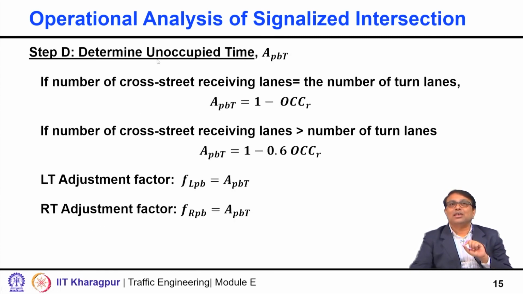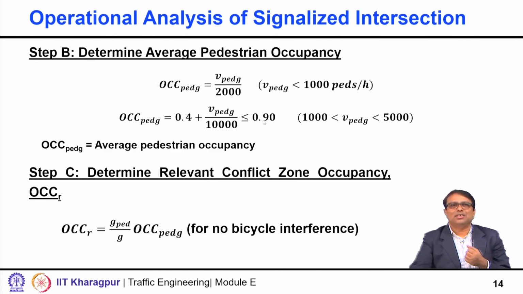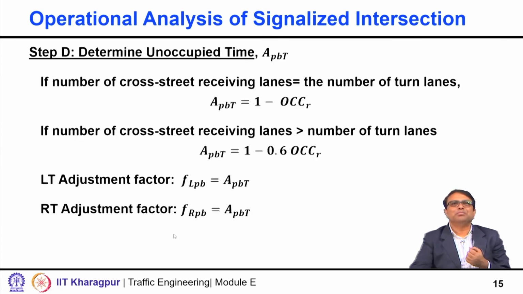So, depending on that, the unoccupied time, that means when there is no pedestrian interference, will only have some positive value if GPD is lesser than G, then only OCCR will be less than OCC PDG. So, 1 minus this value, and if it is the number of turn lanes, you can get this.